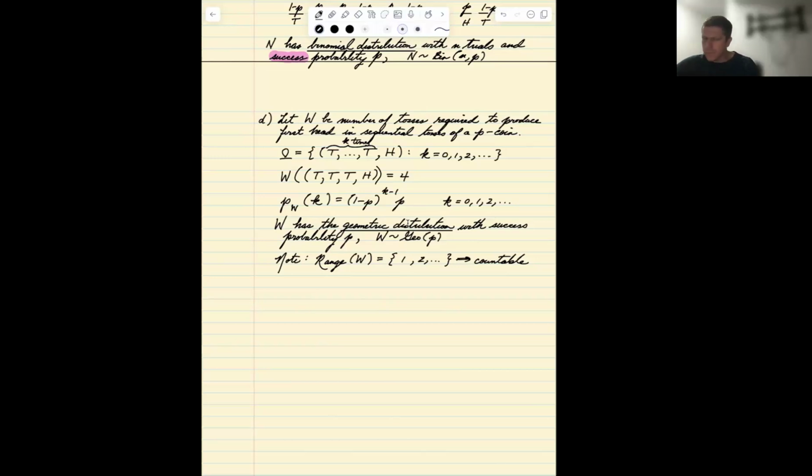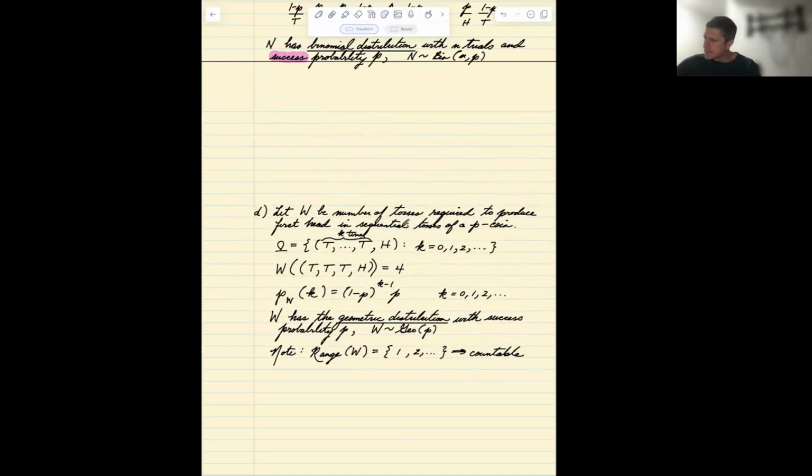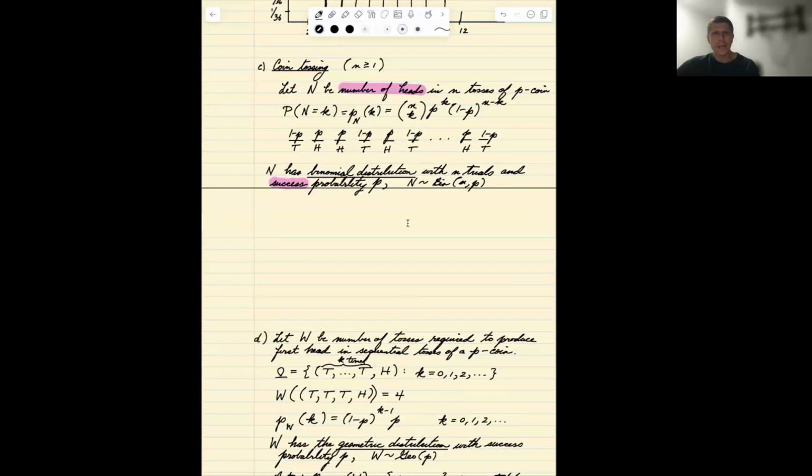One final observation, which I should have probably said earlier. If we look at the binomial distribution, we were imagining that we toss a coin some fixed number of times, little n.